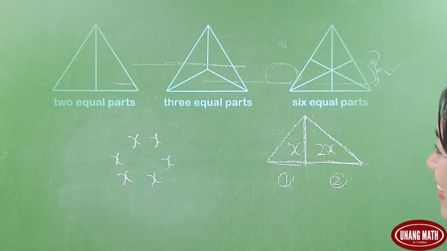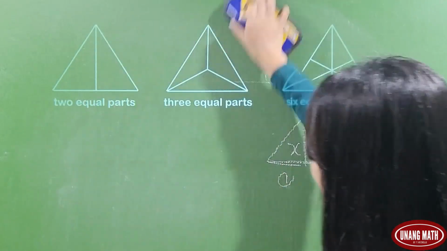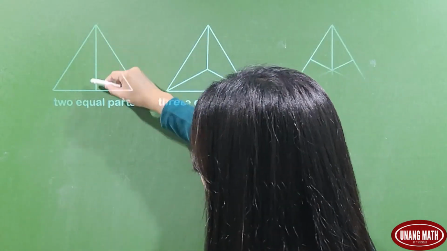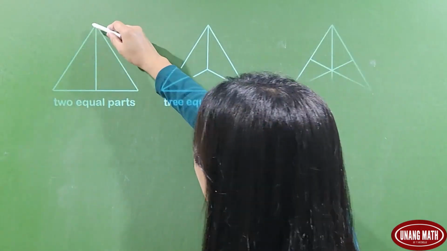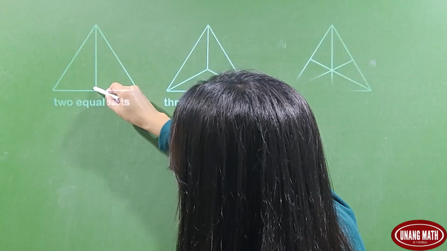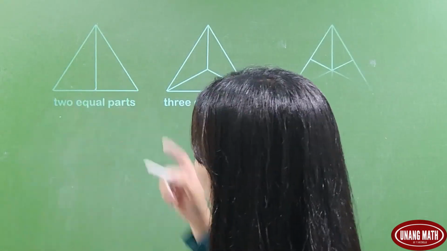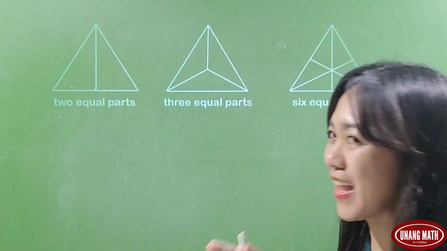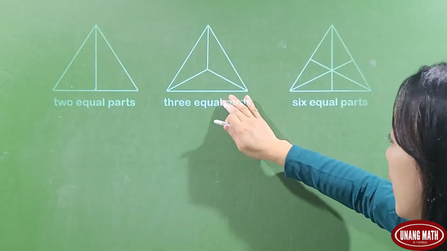Now, in these figures, this is a median. From this vertex to this midpoint, these are two equal parts, so these two triangles have the same areas. What about here?